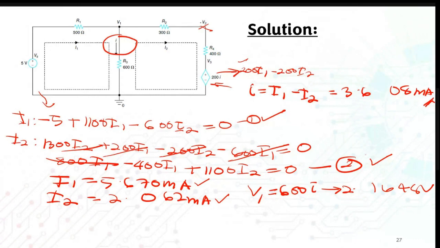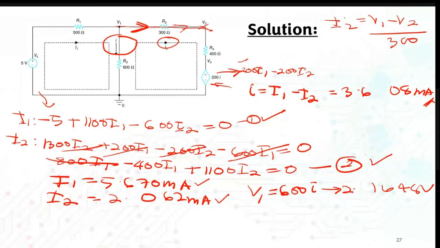And obviously for this V2, you can find your V2 by this. You know that the current flowing through here is actually equal to I2. So just follow the directions here: V1 minus V2 over 300 is equal to I2. So you already have the value for your I2, so you can find the value for your V2.